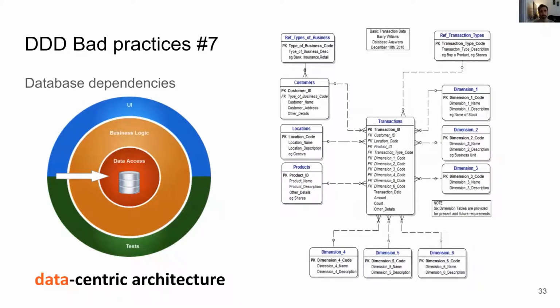The seventh bad practice is focusing on data, as we said at the beginning of the presentation. If you have a data-centric architecture, you will encounter problems. Why? Because you start your modeling based on data, based on a schema that you will do, like a logical model.